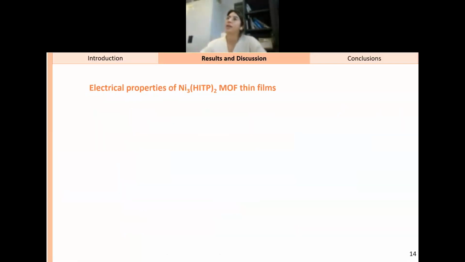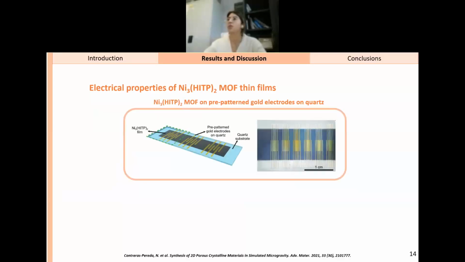Then in the paper they also performed some electrical measurements on these MOF films. I have attached here some images that show how they prepared the films.